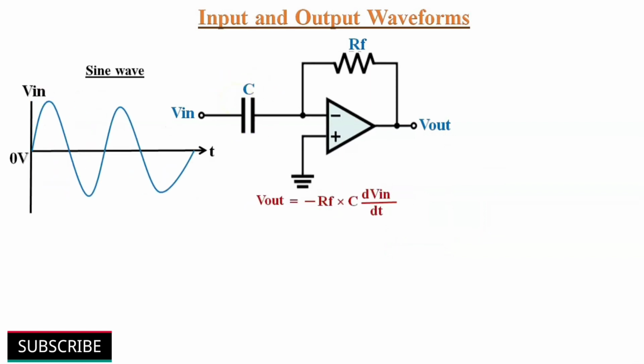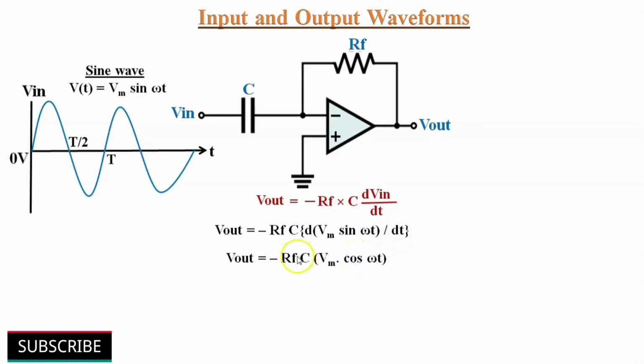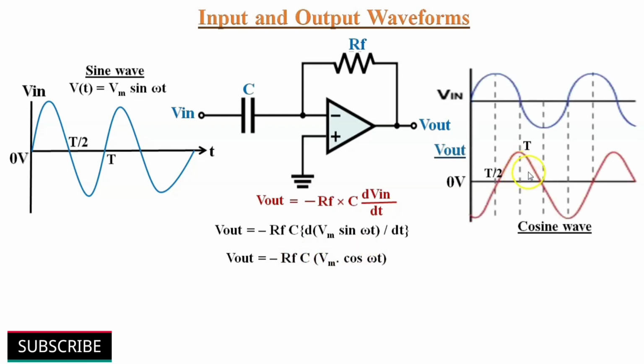For a sine wave input, which is mathematically represented as Vt equals Vm sin omega t, where Vm is the amplitude of the input signal, the output of the differentiator is given as Vout equals minus Rf multiplied by C d(Vm sin omega t) by dt, that equals minus Rf multiplied by C Vm cos omega t. Thus the output of a differentiator circuit is a cosine wave, hence it is 90 degrees out of phase with the input signal.